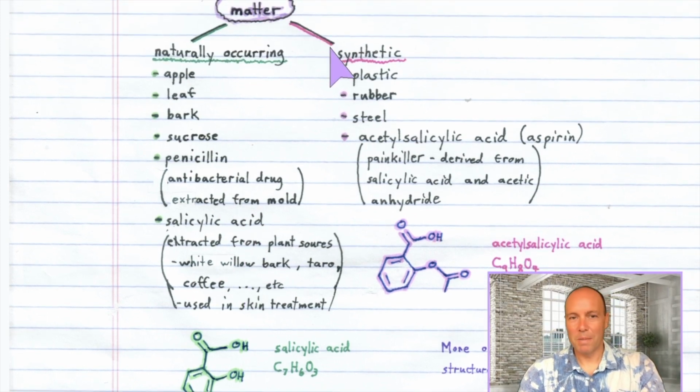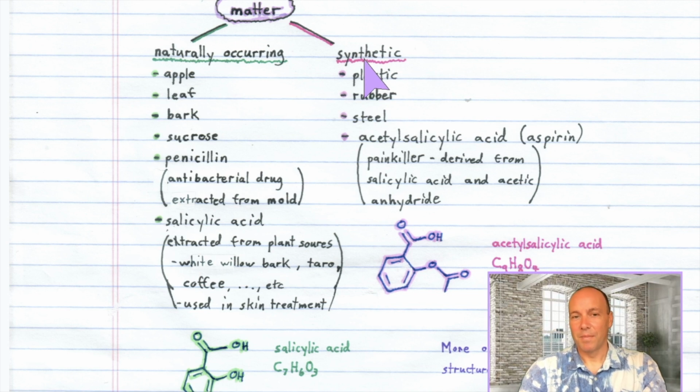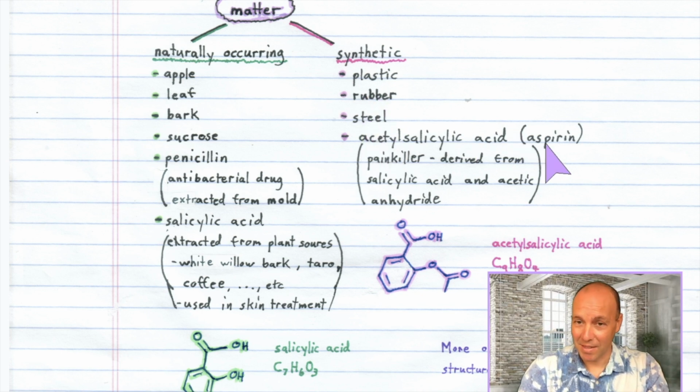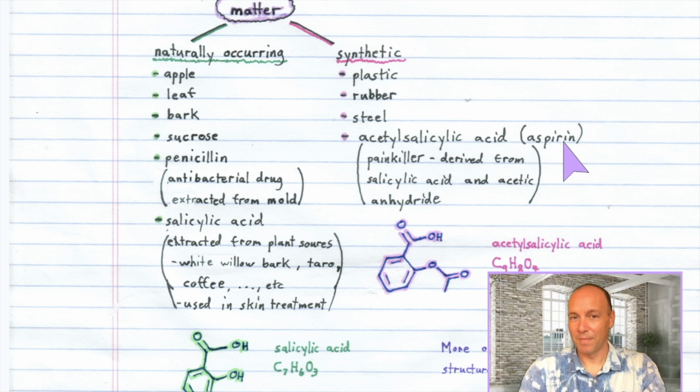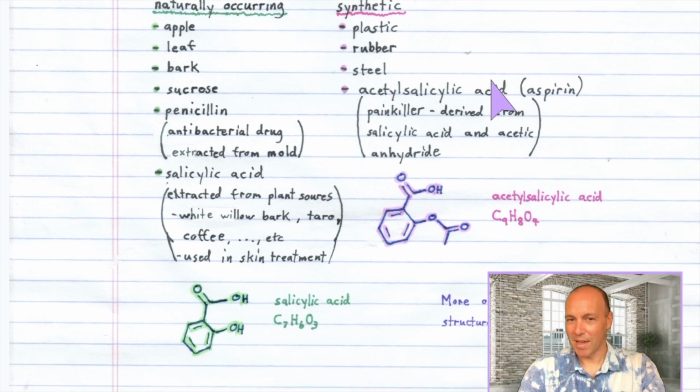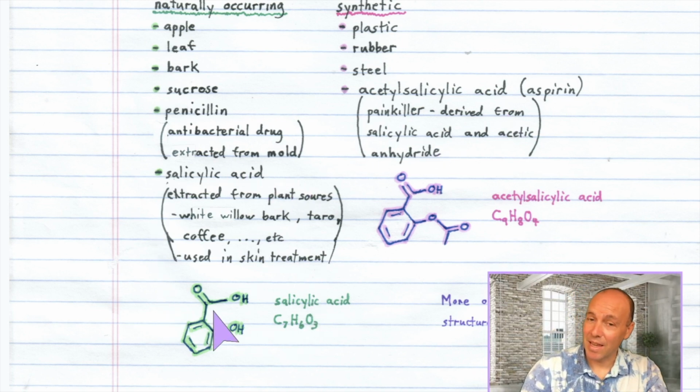Now, other types of material are synthetic. People are involved in making it. An example is plastic, rubber, steel, acetyl salicylic acid, which is aspirin. Now, acetyl salicylic acid is a painkiller which is derived from this naturally occurring substance, salicylic acid.